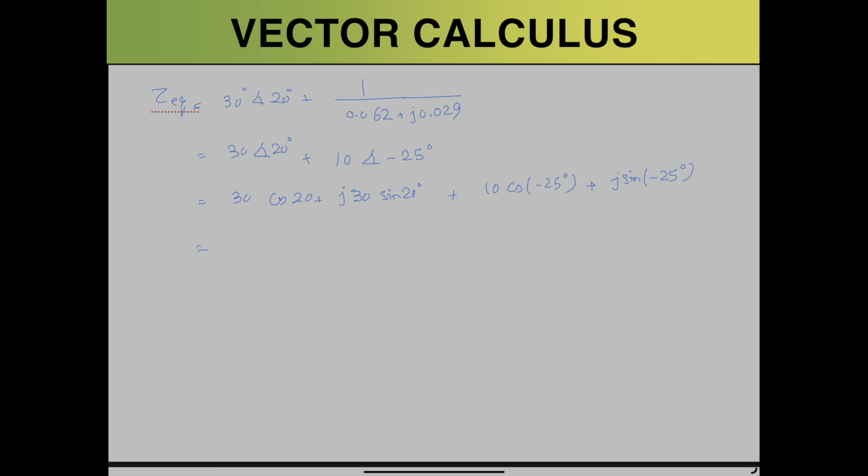If you simplify that using the calculator, in polar format you will get 44 with an angle of minus 25 degrees. So this Z equivalent has a magnitude of 44 and an angle of minus 25 degrees.